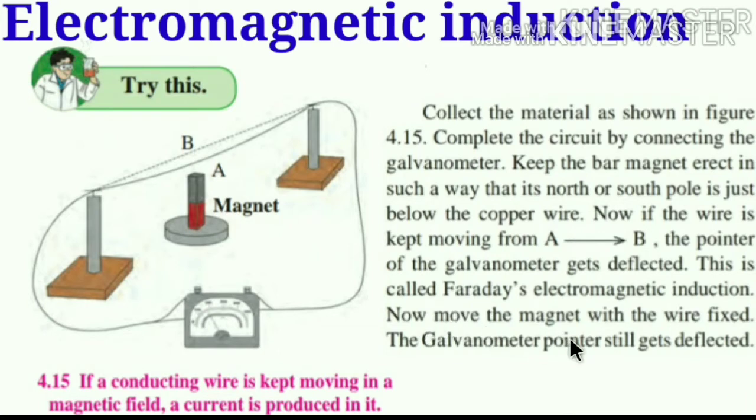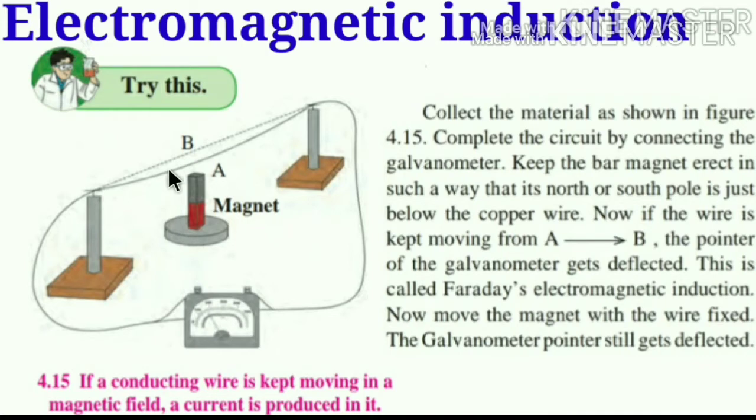Now move the magnet with the wire fixed. In the second part, we keep the wire fixed and move the magnet, and the galvanometer pointer still gets deflected. This means current is also produced if we move the magnet.